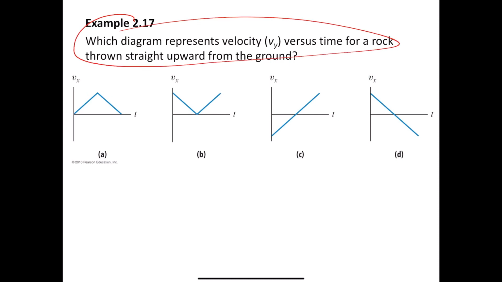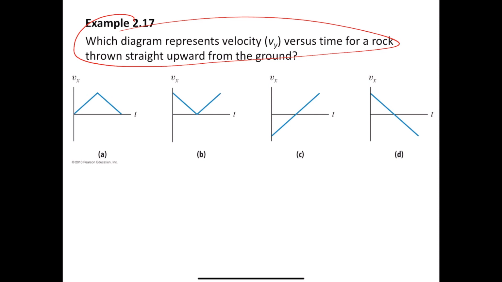Okay. Which diagram represents velocity versus time for a rock thrown up and down? If I throw an object upward from the ground and it comes down, remember, we already did it.